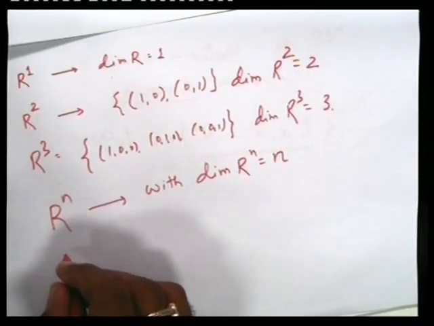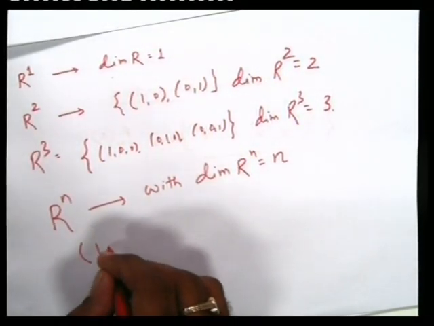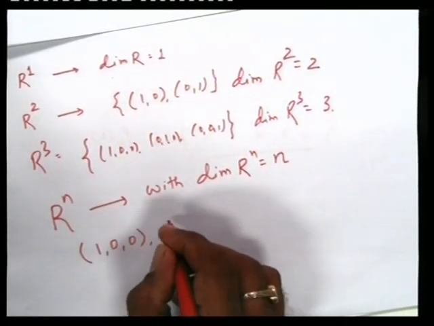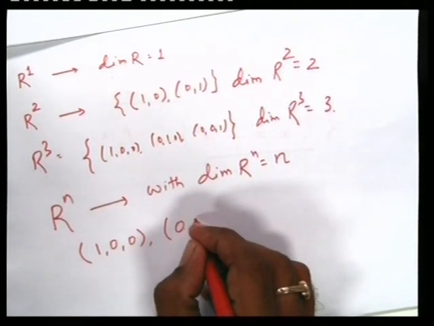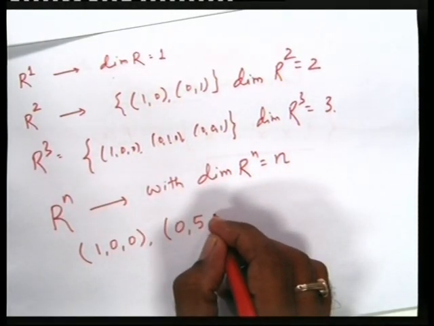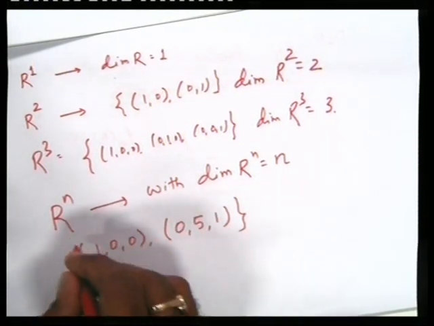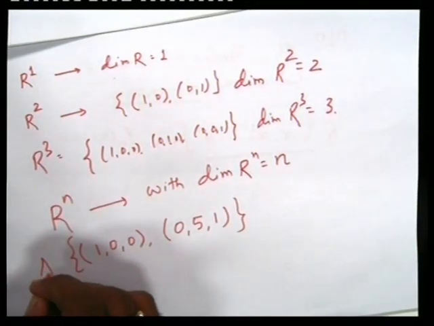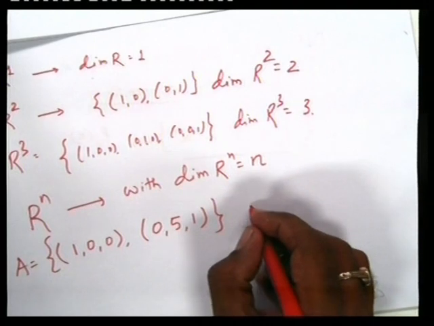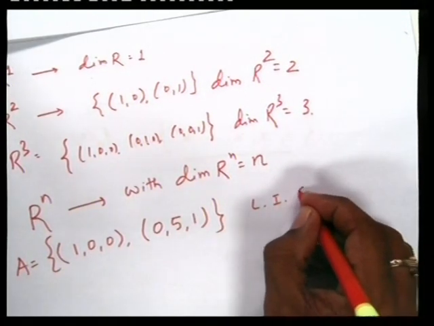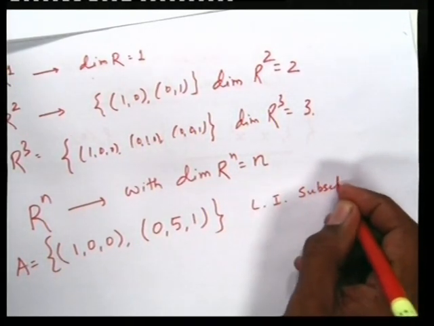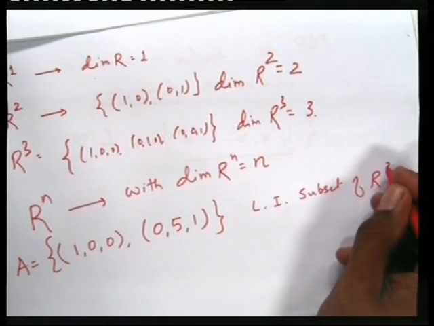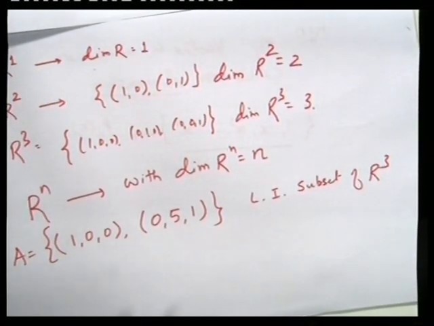Suppose we are given, say, (1, 0, 0) and (0, 5, 1). Suppose this set A is a linearly independent subset of R3. Now, can we extend this set up to a basis of R3?